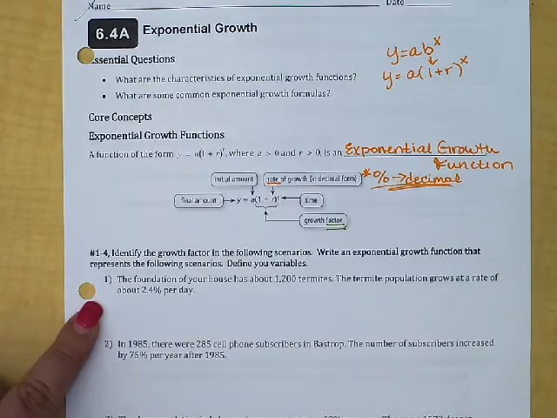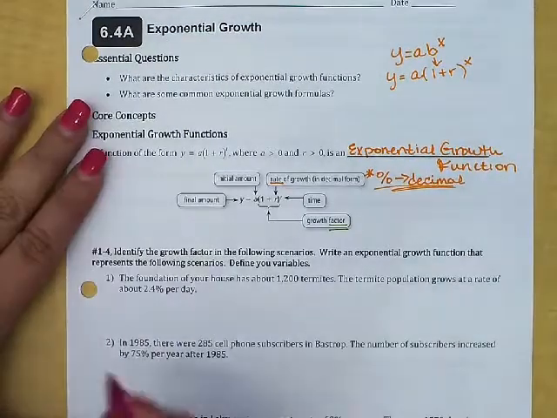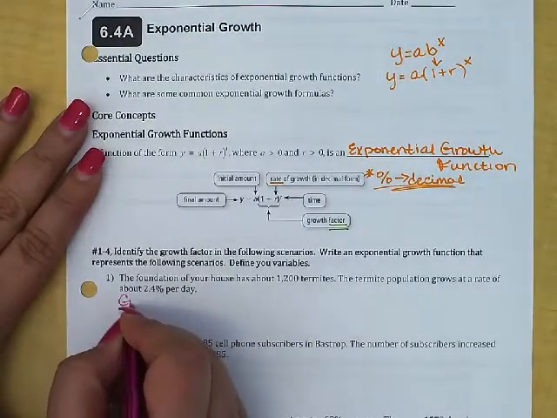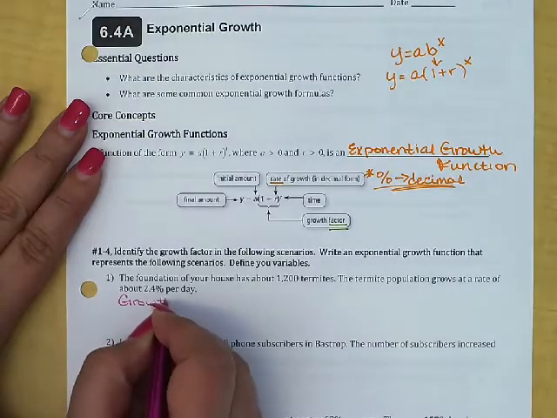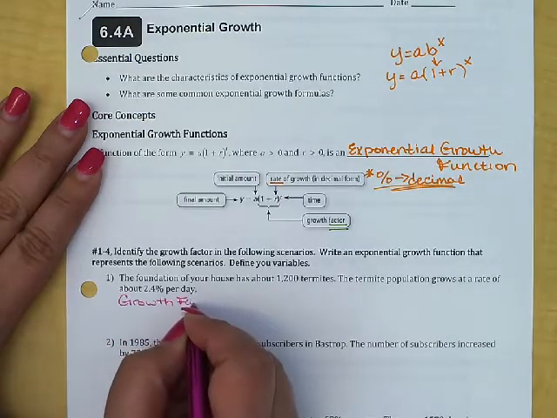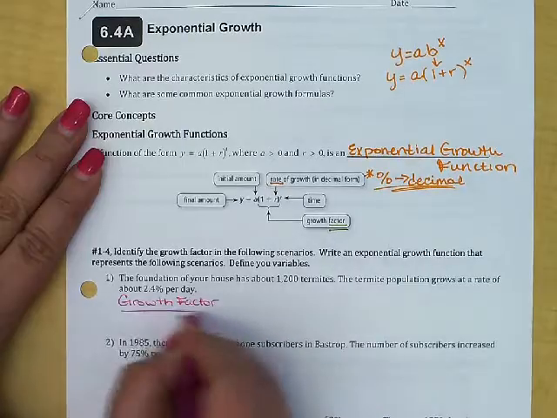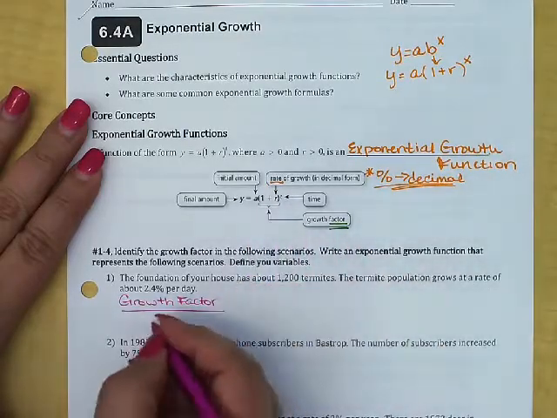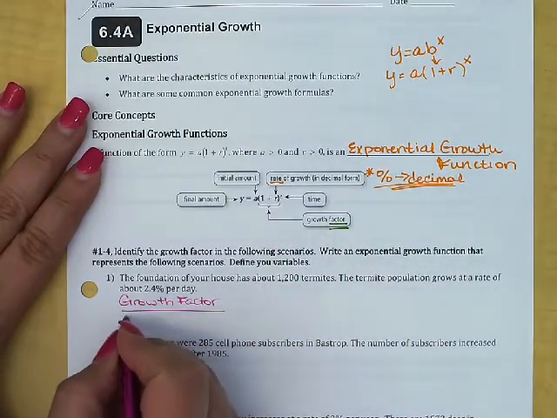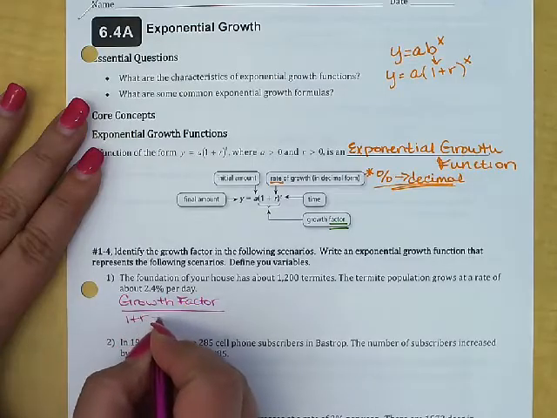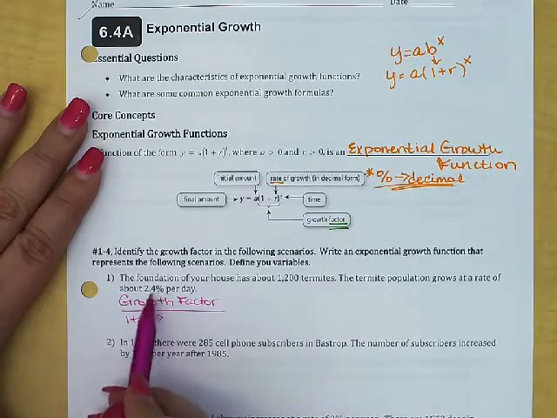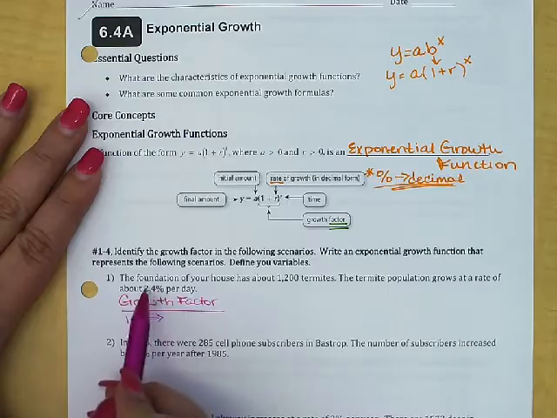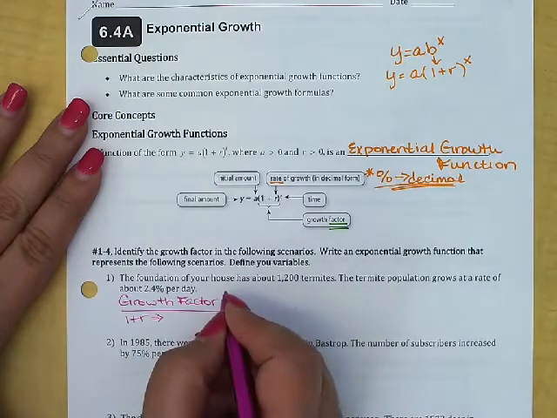Okay, so first let's come up with the growth factor. Our growth factor here is 1 plus r, where r is our percent, or rate of growth. It's this percentage, so we'll change that to a decimal.